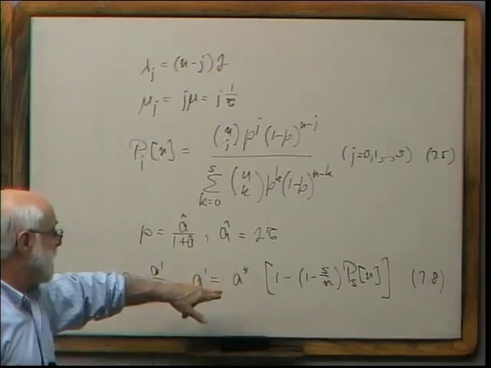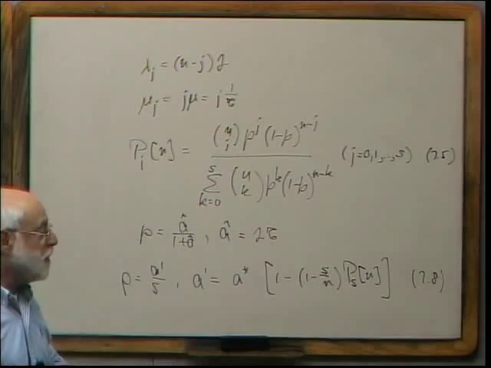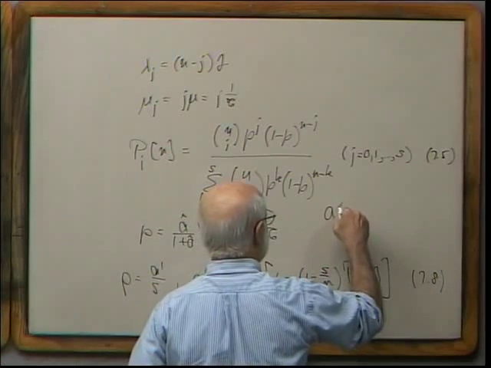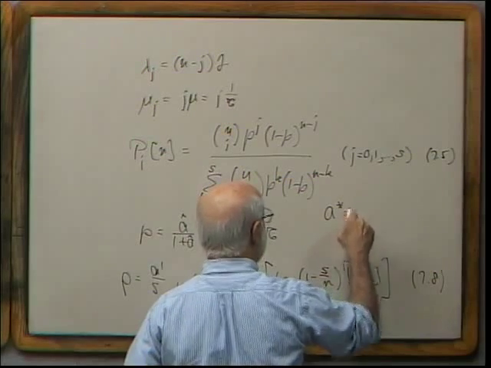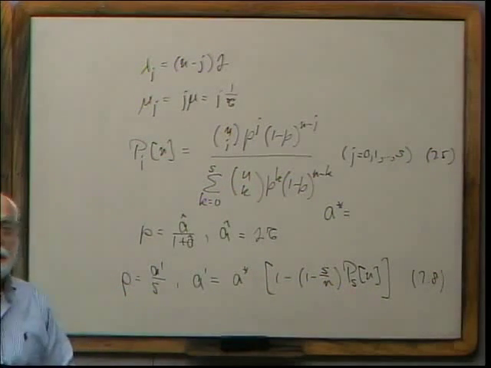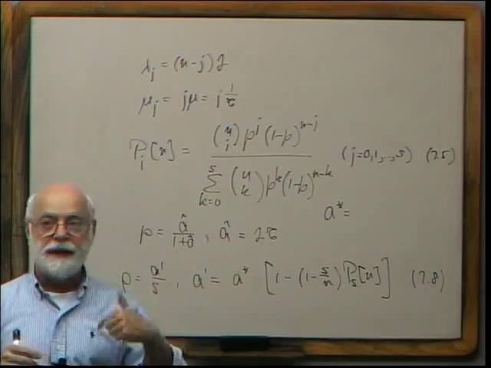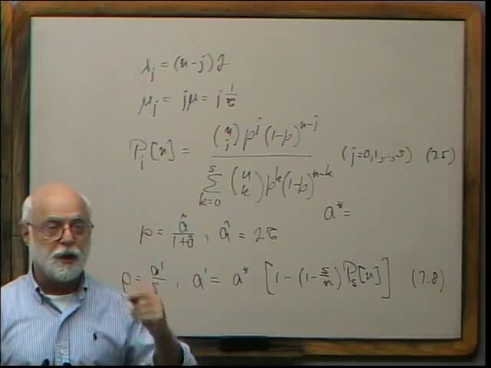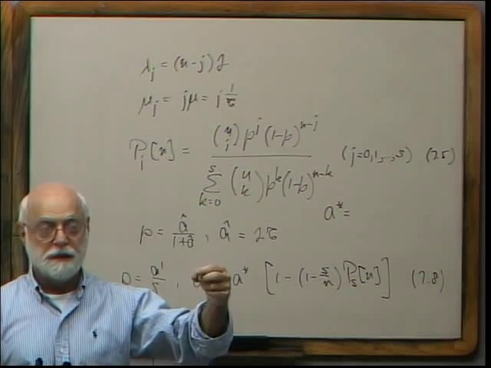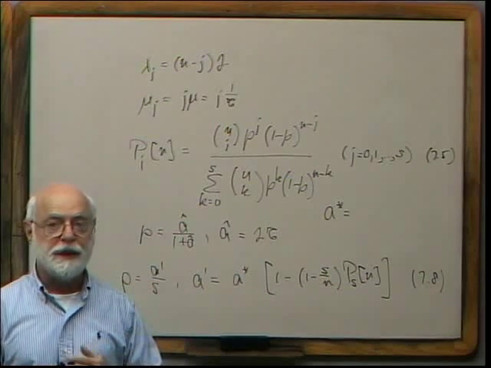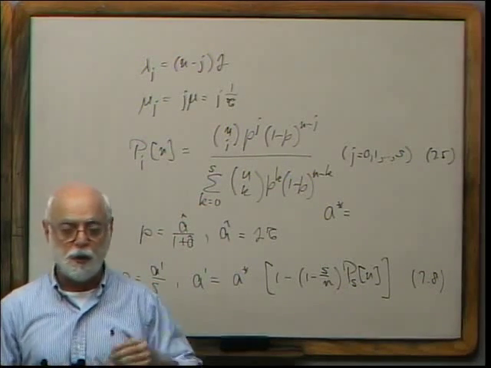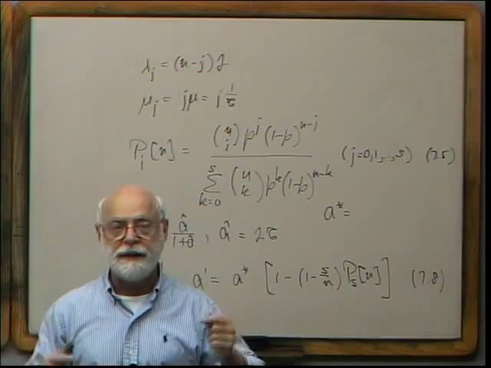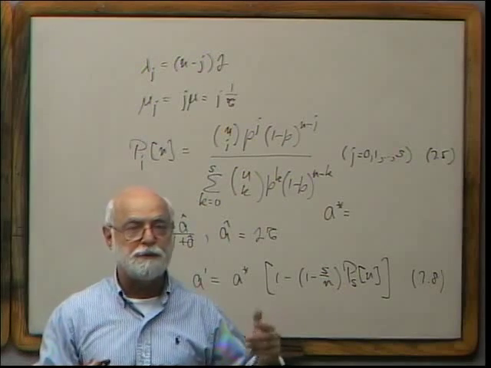Okay, now what's A star? A star is the intended offered load. By definition, that's the load that the sources want to offer, in the sense that if they had dedicated servers and there was no blocking, then this is the load that would actually occur. Now, the true load is going to be different, because when sources offer requests for service, if they find all the servers busy, then they immediately revert to their pre-request state, their think state.